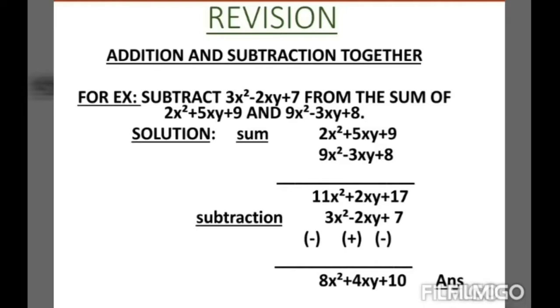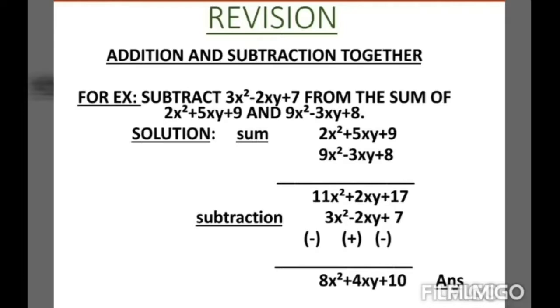When we add 2x square plus 5xy plus 9 and 9x square minus 3xy plus 8, 11x square plus 2xy plus 17 will come, right? Now from this expression we have to subtract 3x square minus 2xy plus 7. And in subtraction, we know that we have to change the sign of the lower expression.